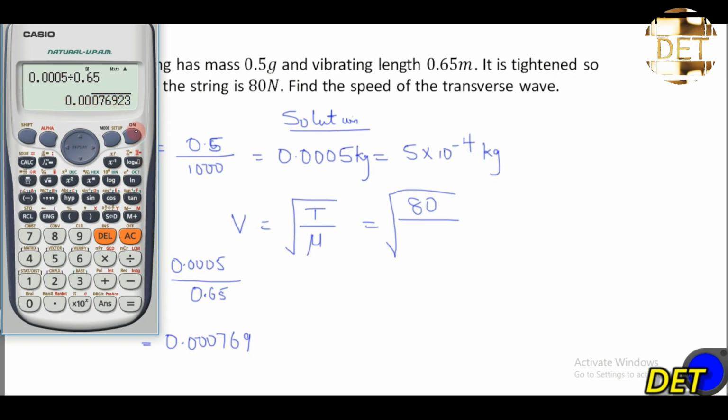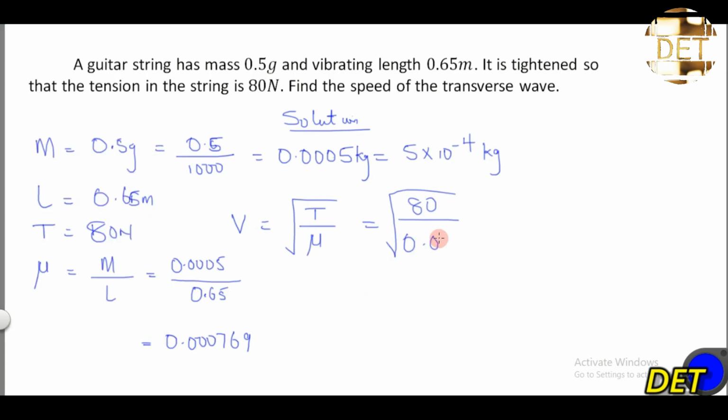So since that's what we got, our linear mass density will be 0.000769, and this is in kg per meter, right?